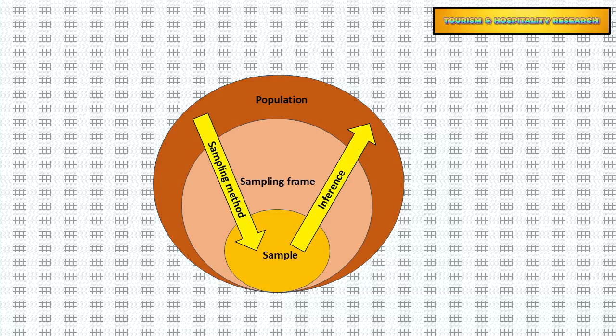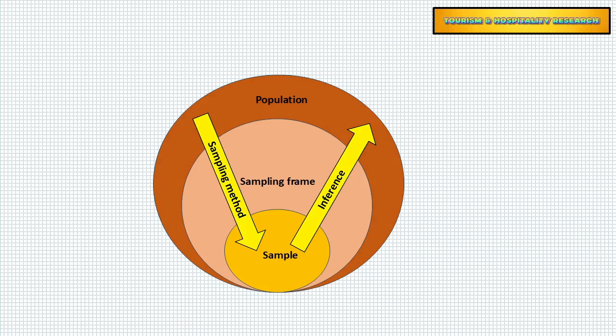Then the sampling frame is the accessible population, the population which I can access, and the sample are the representatives from that accessible population on whom I am going to do the study, from whom I am going to get my survey questionnaires filled up.